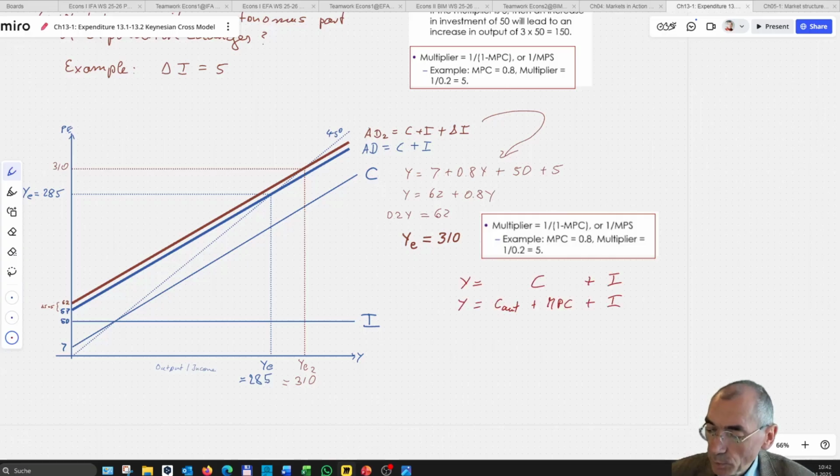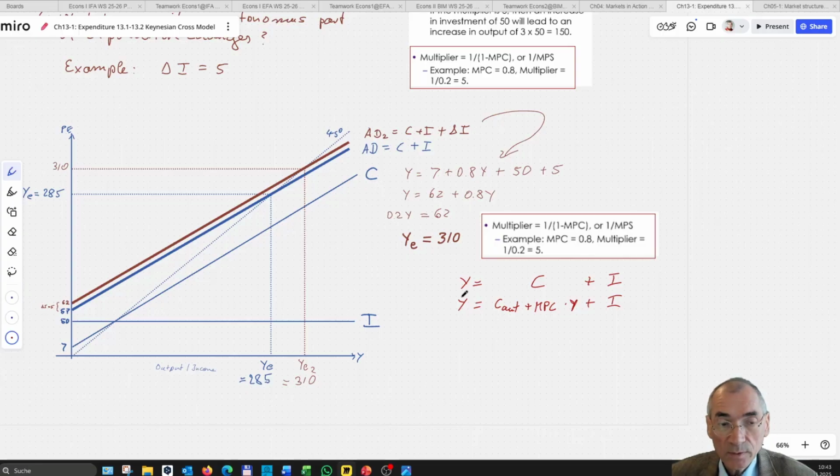Not using the numbers, but the symbols that we had: Y equals C autonomous plus MPC times Y, plus I. Then we have this function. The C autonomous, as the name says, is autonomous, and the I is autonomous. And this MPC has to do with Y. It's MPC times Y. And it's this Y that we then again bring to the other side.